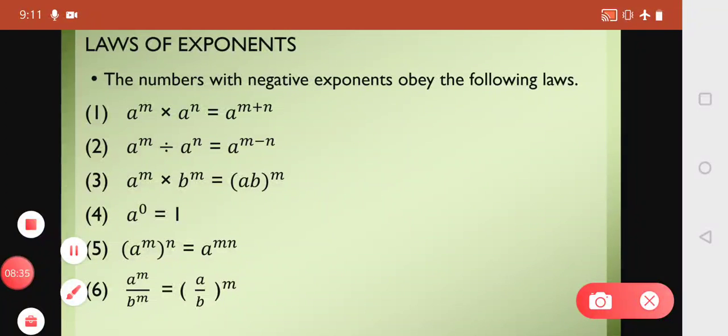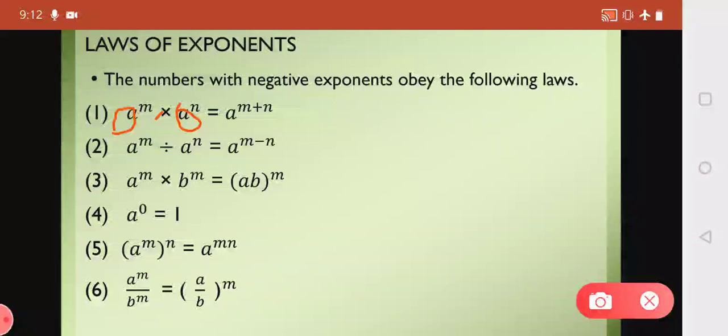Here you can see it is the law of multiplication, because this is a multiplication sign, we are multiplying two exponential forms. So this is called the law of multiplication. What does the law state? The law states that any two exponential forms, when multiplied, have the same base, here you can see the base is a, here also, and powers are different.